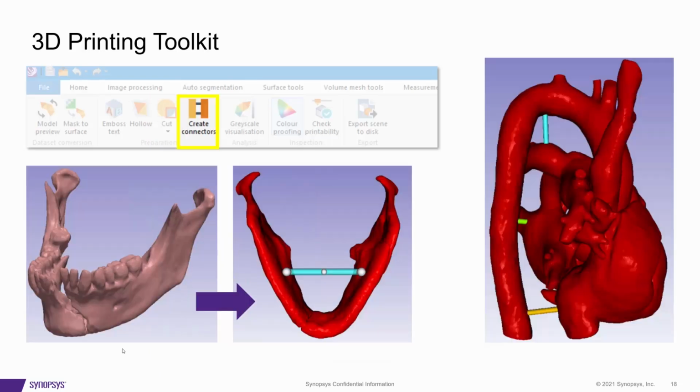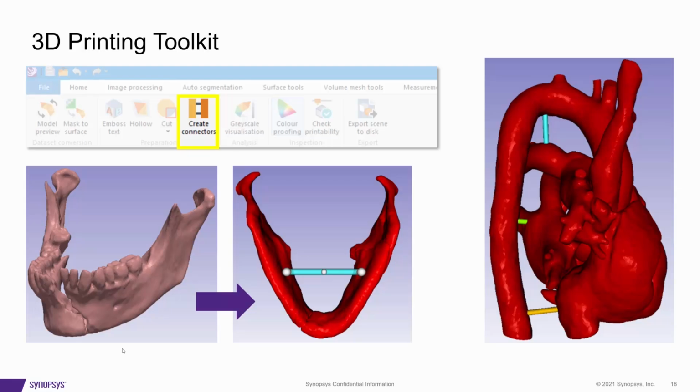Finally, we have create connectors. So this is really useful both in orthopedics, CMF, and also cardiac applications where you might have fractures or vessels and bones together, or very small floating vessels which you need to stabilize for the print. So we know, for example, this mandible we can see on the left has quite a bad fracture.